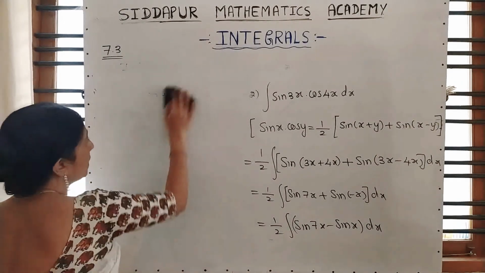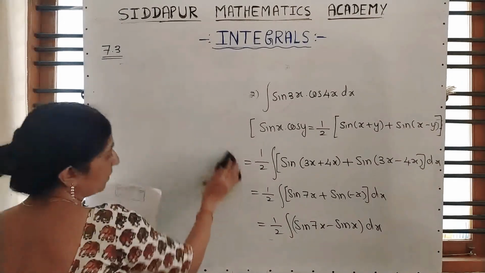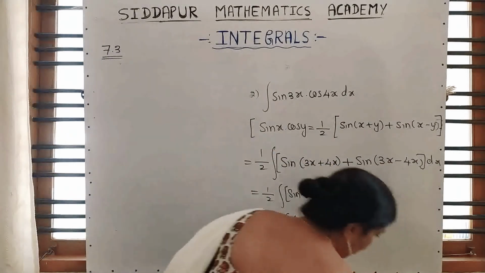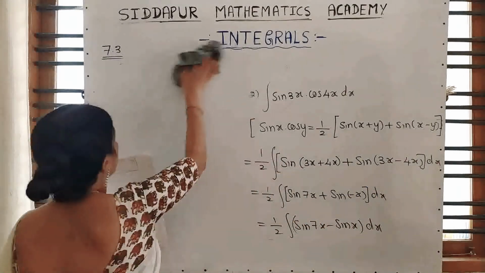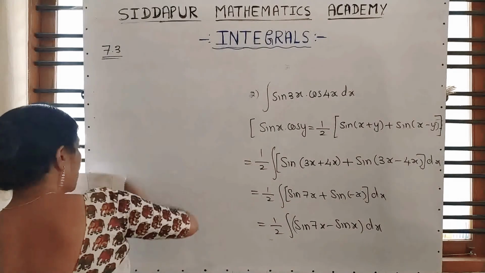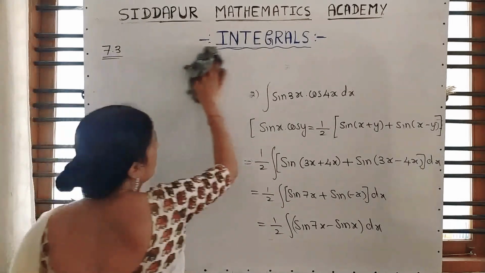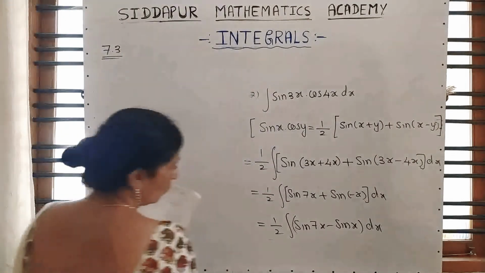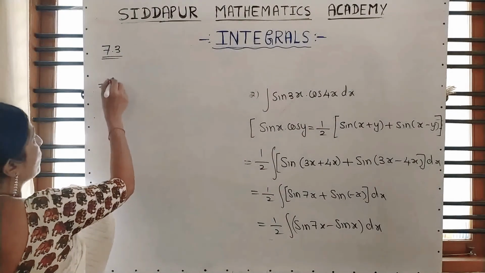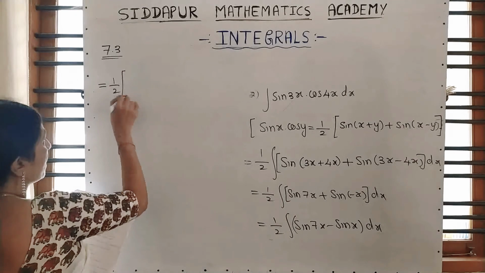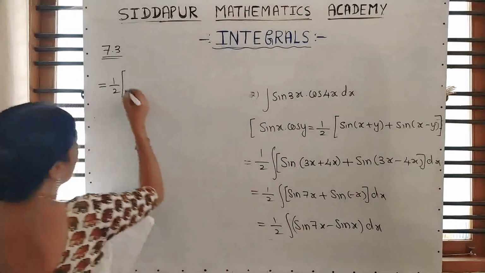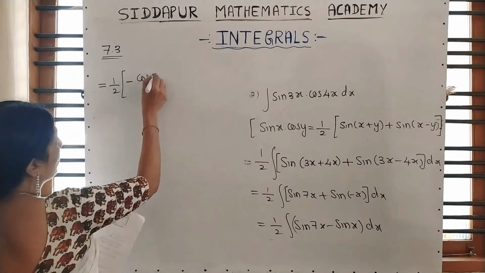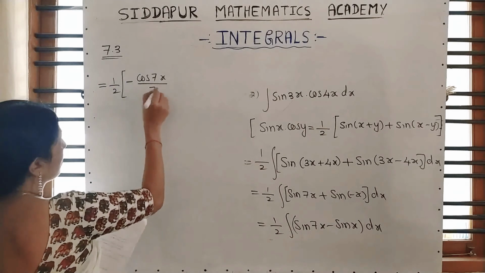See, if the middle plus is there, you are familiar with the integration. Only thing, we don't have the integration for multiplication and division. There we have to do a small adjustment. Now go for integration. Keep 1 by 2 as it is in the bracket. Integration of sin 7x is minus cos 7x divided by 7.